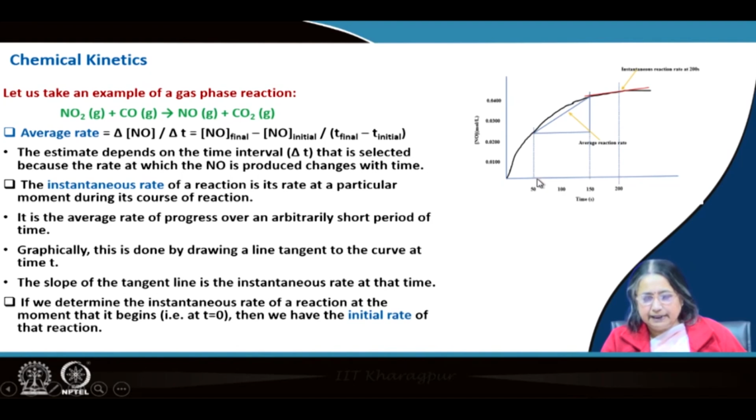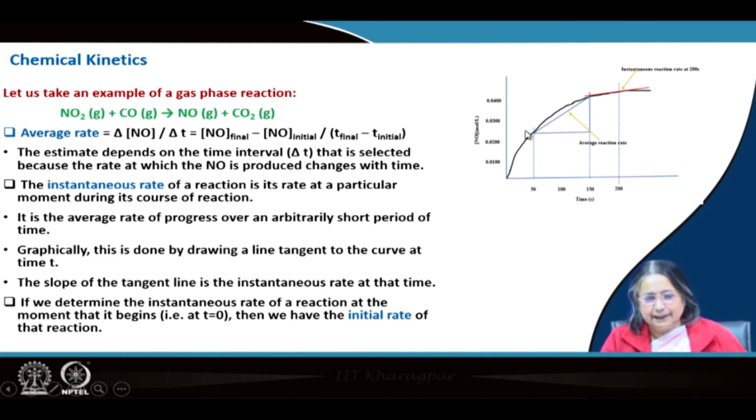So, 50 second and 150 second, in between these two times, if you want to see what is the average speed or average rate, then you have to take this point.